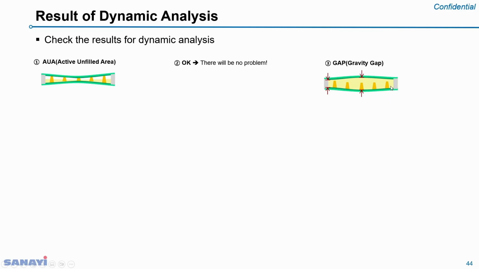Finally, there is gap. It means a defect caused by excess LC dropping. Therefore, in the case of AUA or gap, it means that defects can be caused for the corresponding LC injection amount.